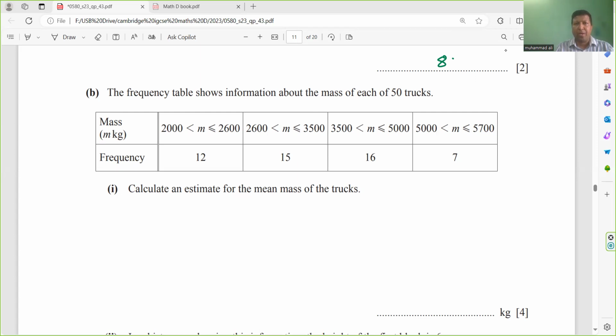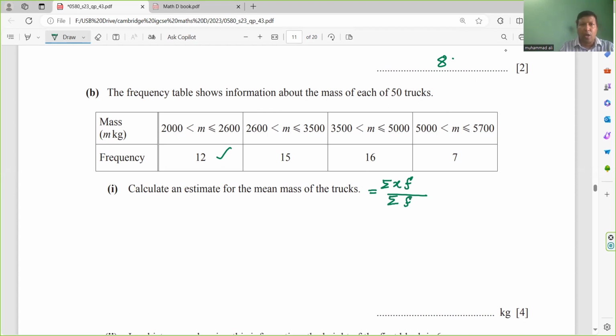The second one greater than 2600, less than or equal to 3500. And the frequency is also given. We have to calculate an estimate for the mean mass of the trucks. We have to use the formula mean equals summation xf divided by summation of f.